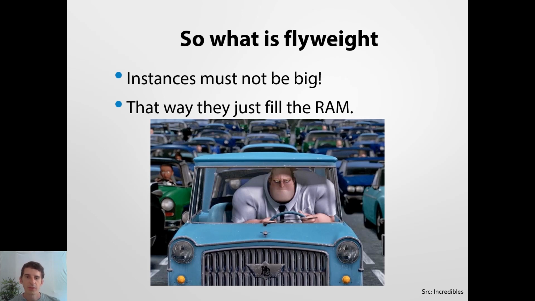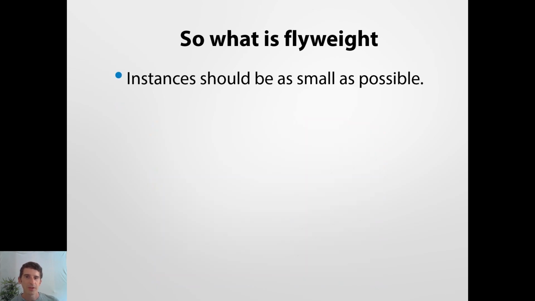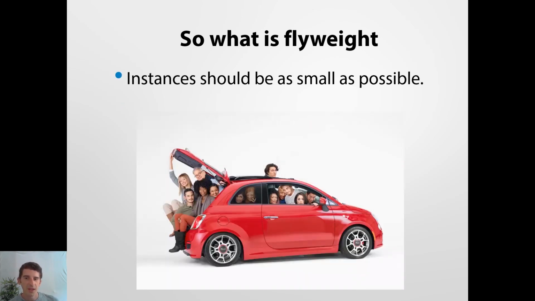So if you compare it to a car, I took a picture from The Incredibles, and if our instances are so big, nothing fits into our RAM, you know? Like in this car, our instances are so huge and so packed full, there's only one guy who has place in the car, which represents the RAM. As compared to if we have very small instances, we can fit many guys into the car.